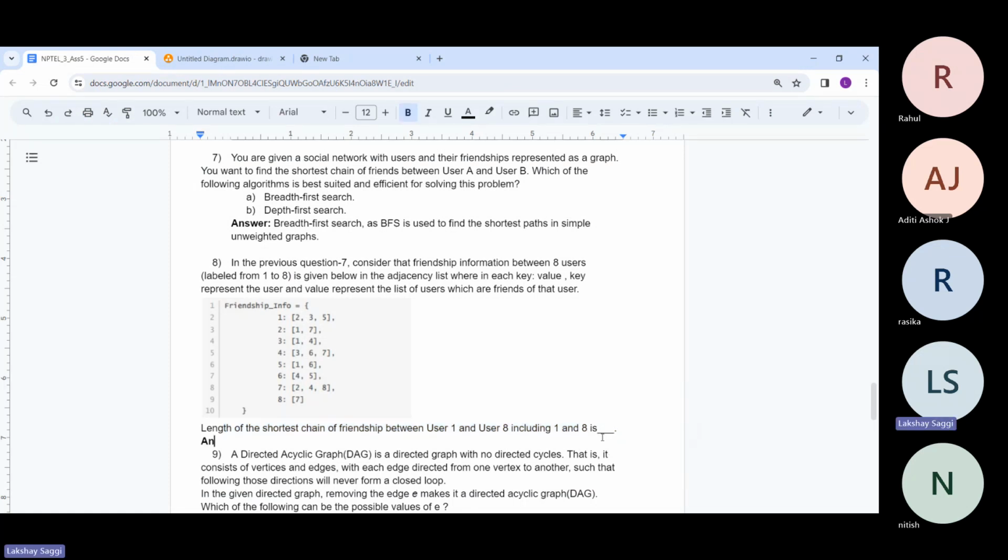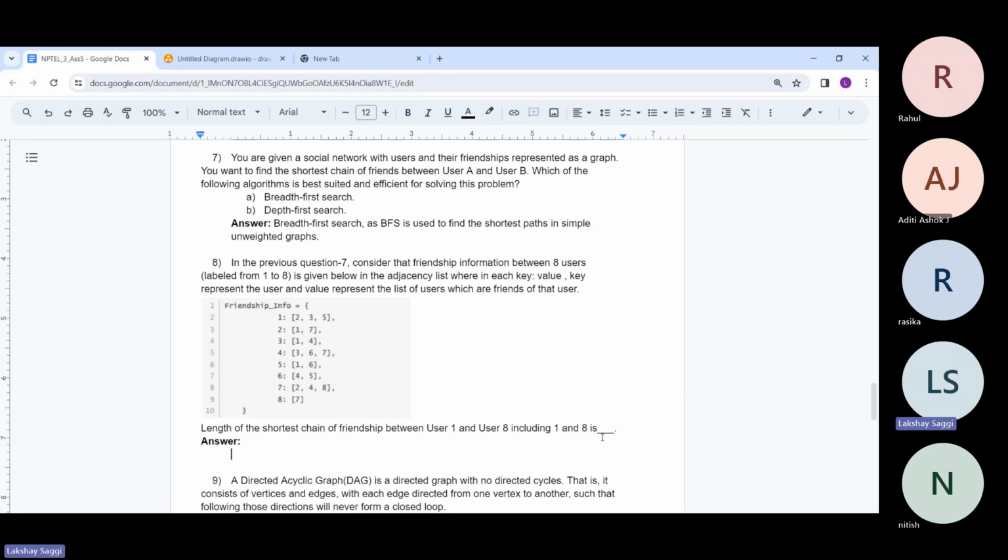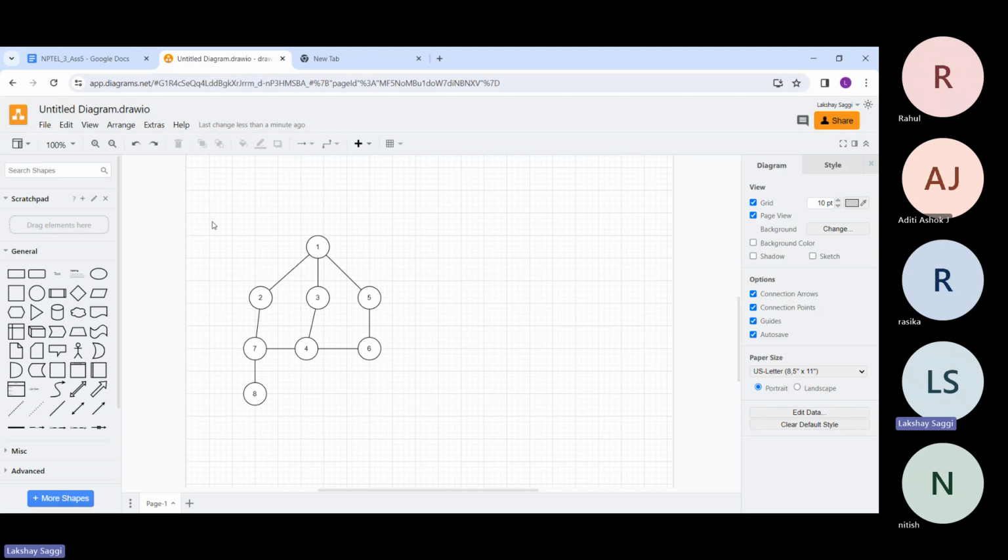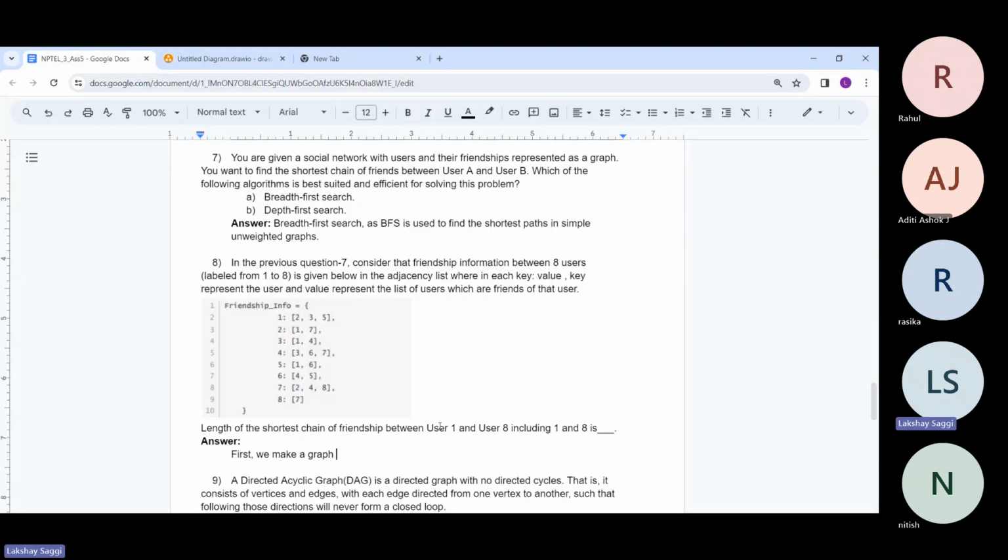So the answer to this is nothing but, first we make a graph out of the given adjacency list. Maybe I'll copy this image also when I upload the solutions, but for now, let's just assume that we already know what the image is.